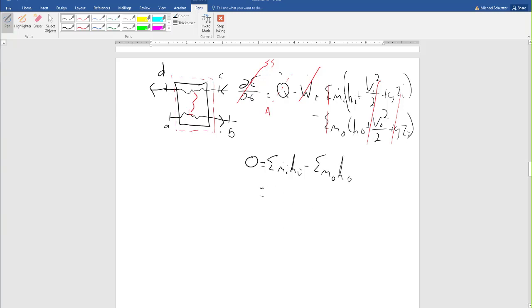If this is a Brayton cycle, the mass flow rates are all the same, so this would be hA minus hB plus hC minus hD.